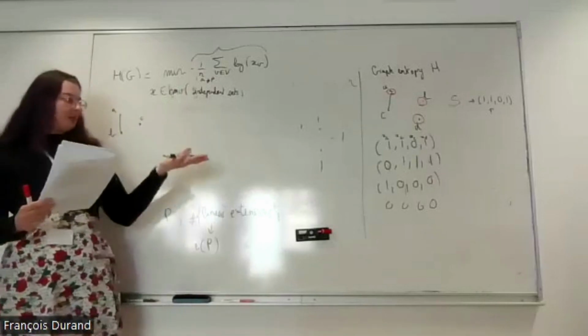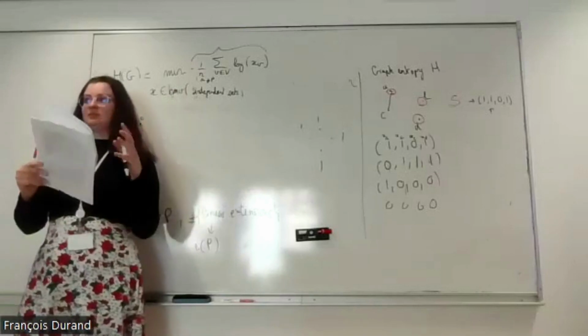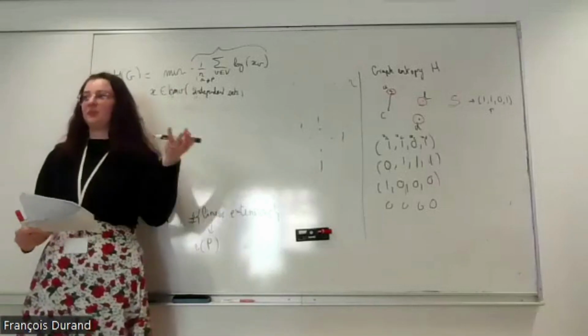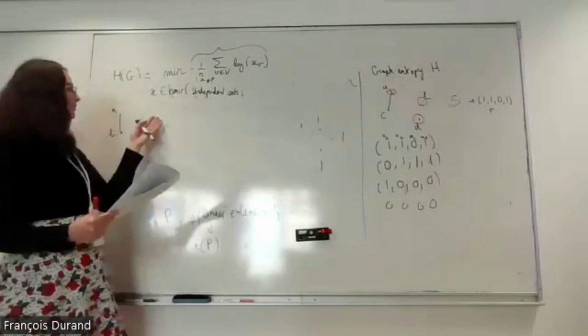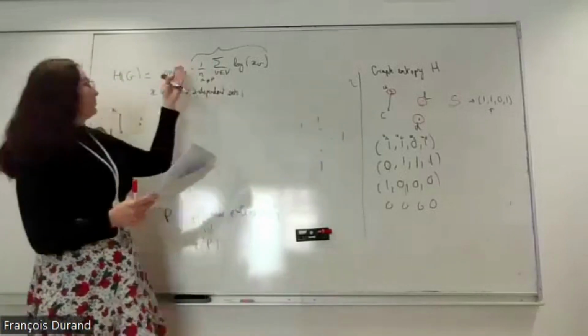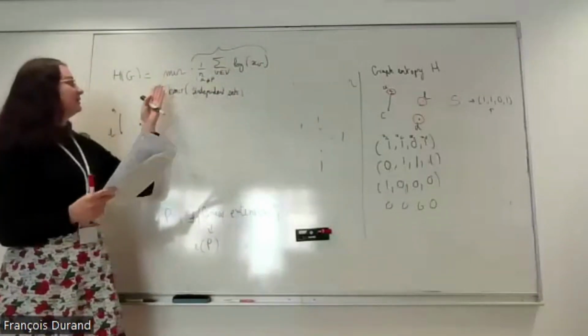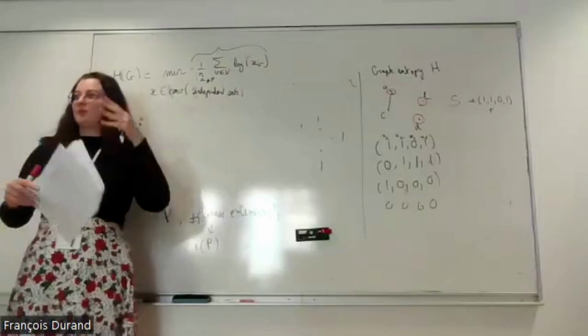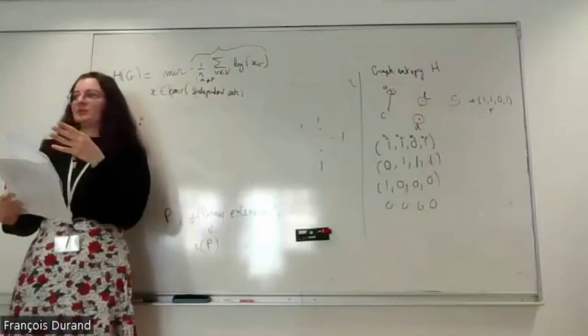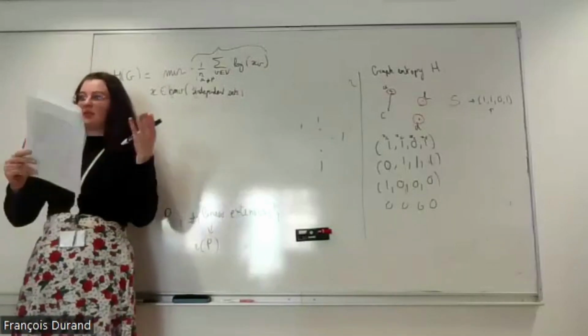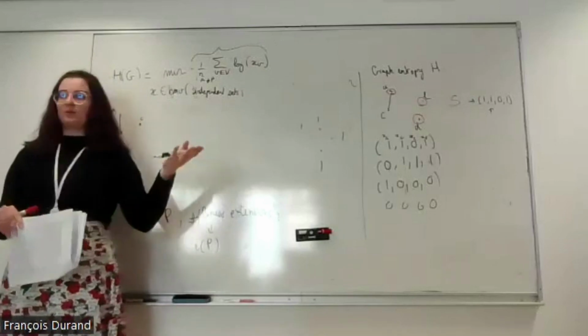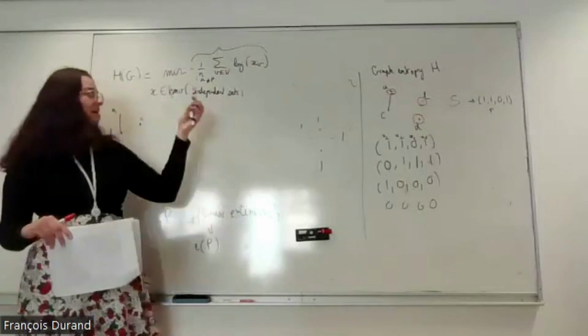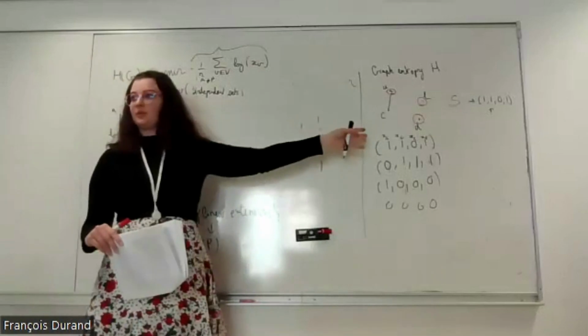And then they found a way to represent this entropy for random variables with graphs. And so this was the definition that followed from this representation. And so there's an equivalence between the graph entropy for random variables and the graph entropy for the graph.